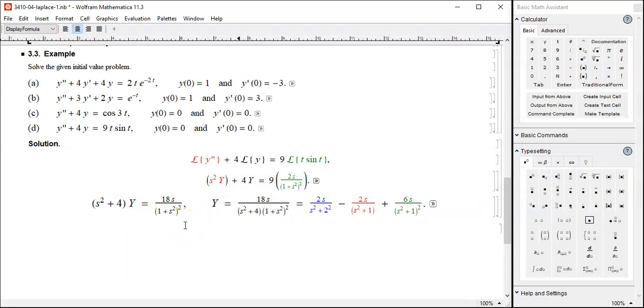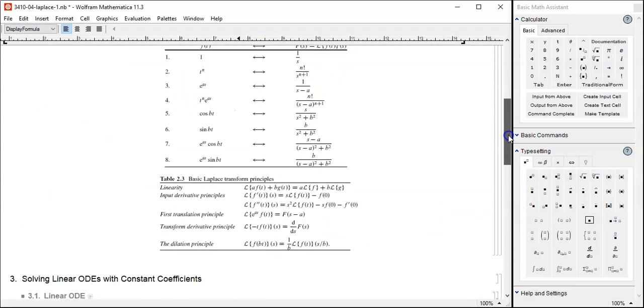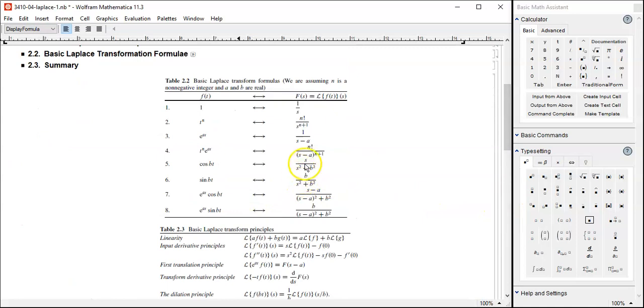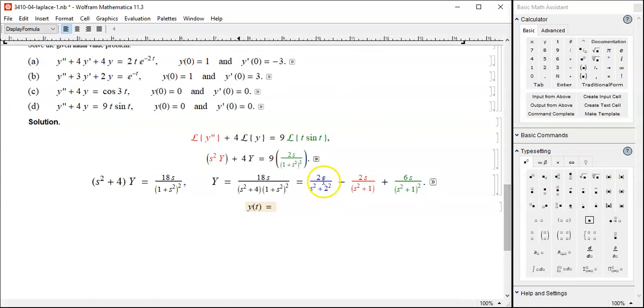So what is the solution? Let me take the Laplace inversion. 2s over s squared plus 2 squared. Let's go to this table. s over s squared plus b squared corresponds to cosine of bt. So this 2 is a coefficient. You're going to get 2 cosine of 2t.